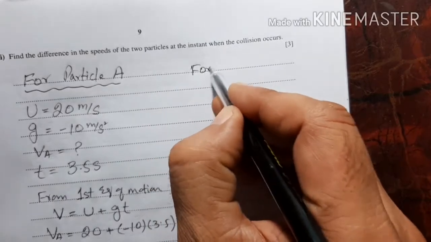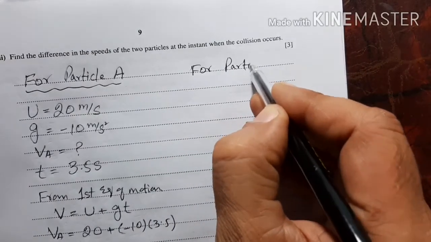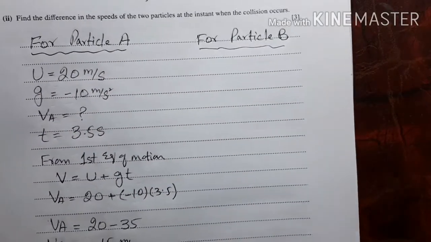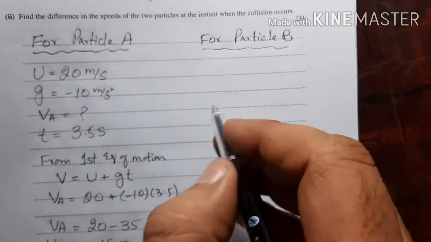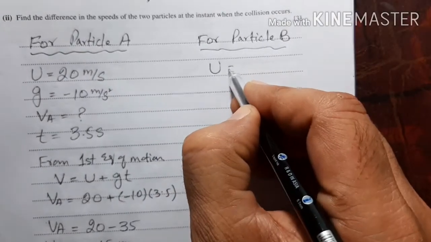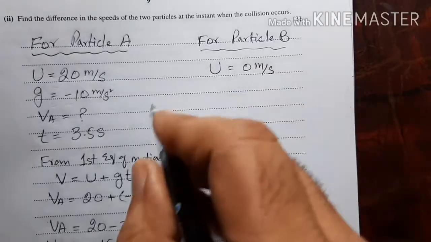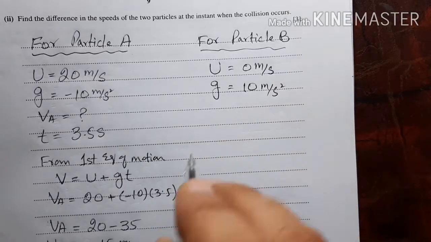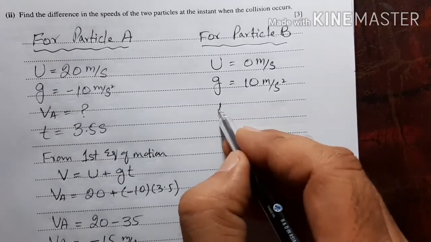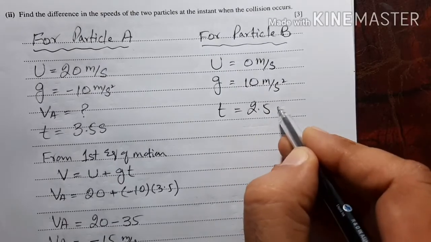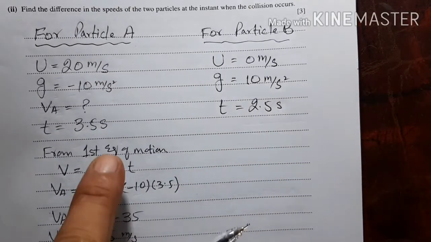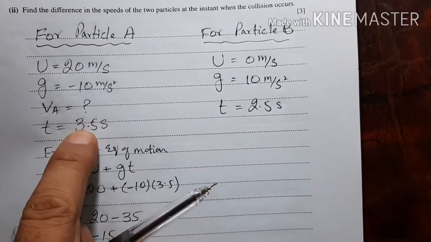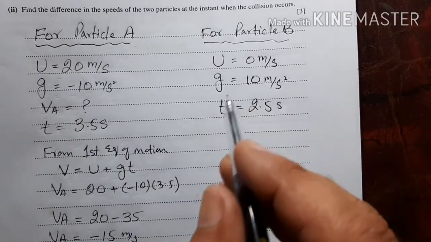For particle B, you remember that particle B is moving downwards from a height, so U was 0 meters per second, G was 10 meters per second square. The particle is moving downwards. The time for particle B will be 2.5 seconds, because 1 second later the particle B was dropped. So 1 second less from 3.5, it's 2.5.